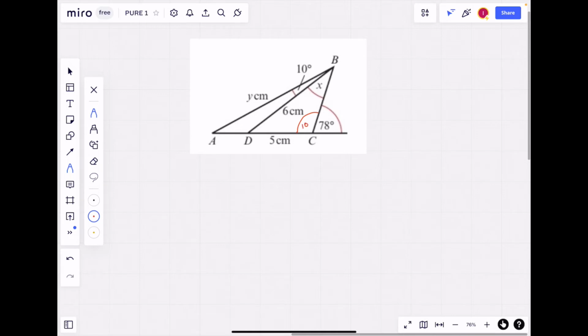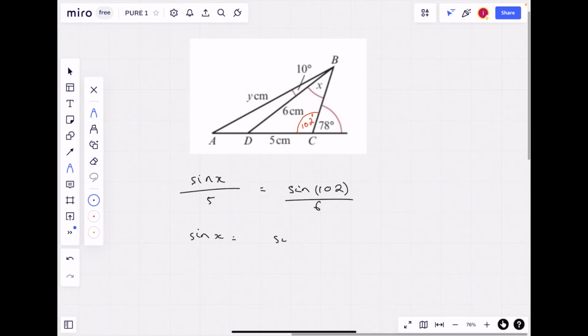So 102. And now you can work out unknown angle x by using the sine rule. So sine x over 5 equals sine 102 over 6.